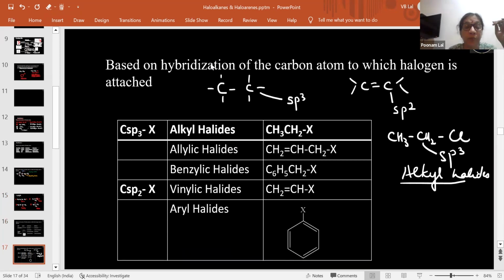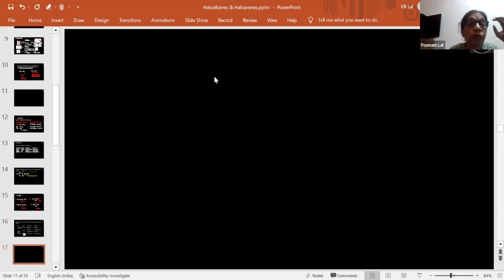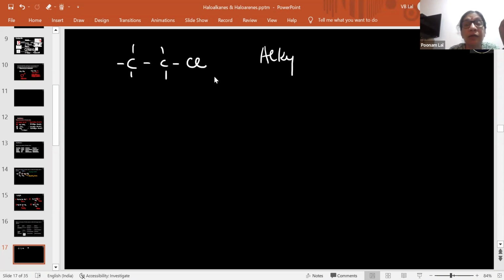I will take a slide and explain. If they are all single bonds and halogen is attached here, then it is an alkyl halide.